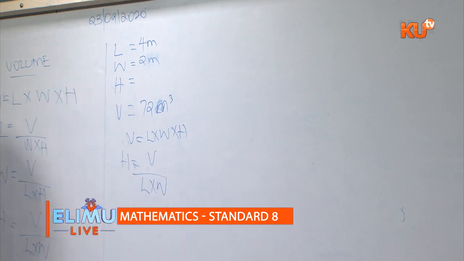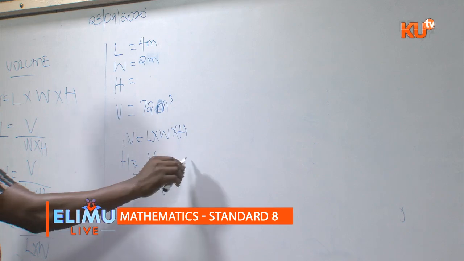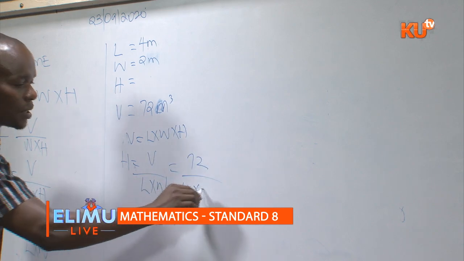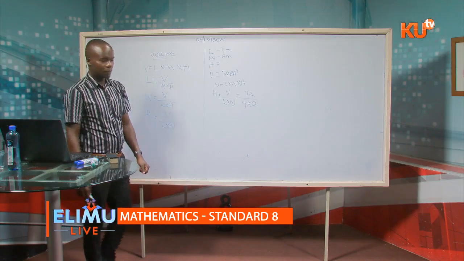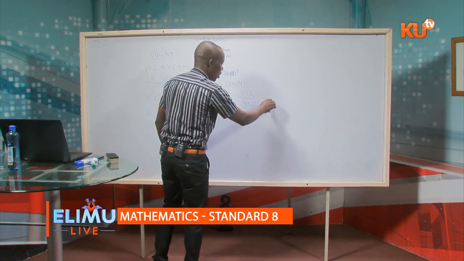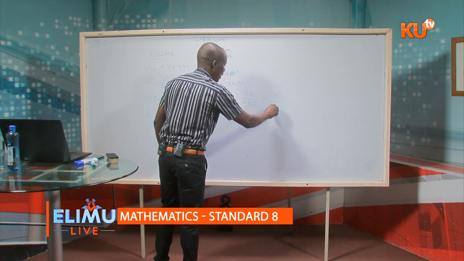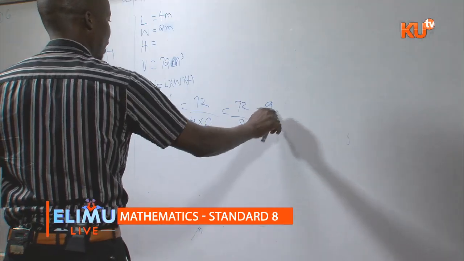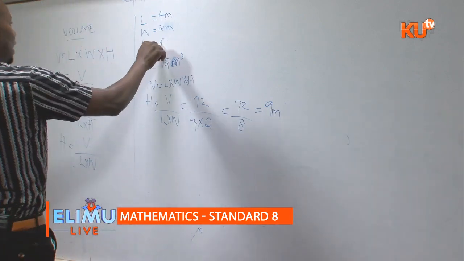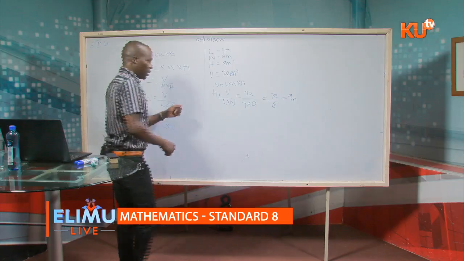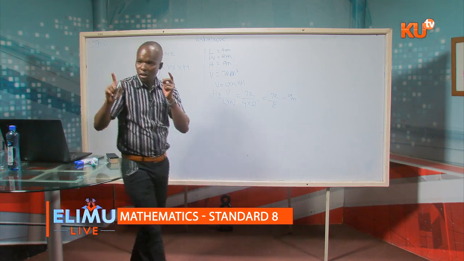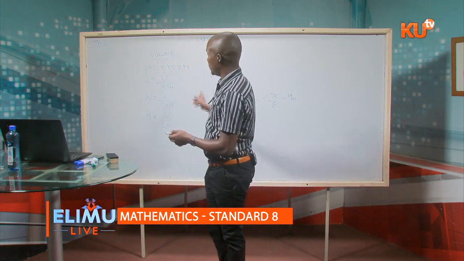We have all of them there, and it's good they are all in the same unit. So volume is 72 over 4 times 2, which is 72 over 8, which gives us 9 meters.